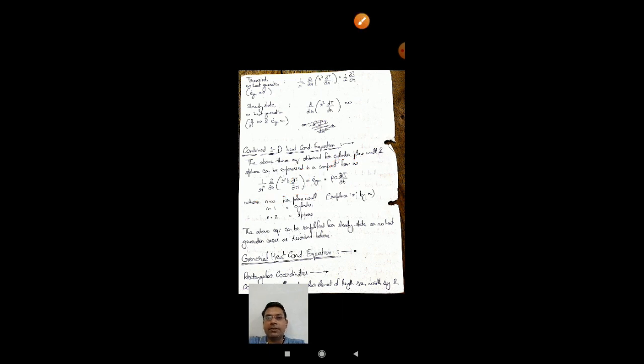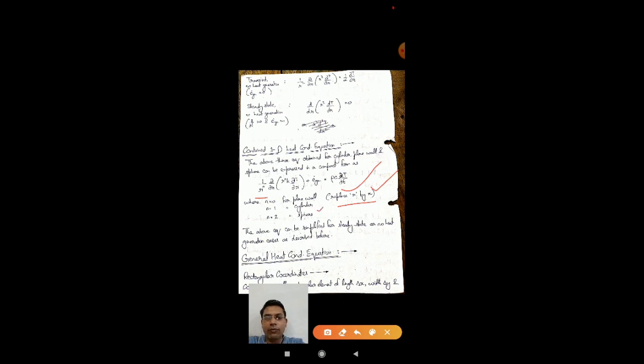Now what does the n represent? If I take n equals to 0, what does this mean? As I put n equals to 0, r to the power n becomes 1, and hence the whole equation reduces to the plane wall, and replace r by x. So the whole equation reduces to the plane wall equation.